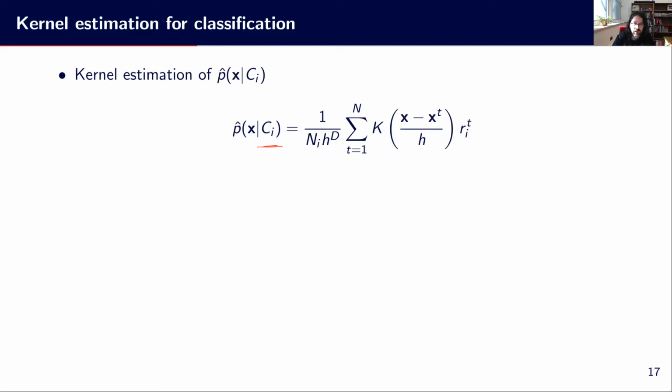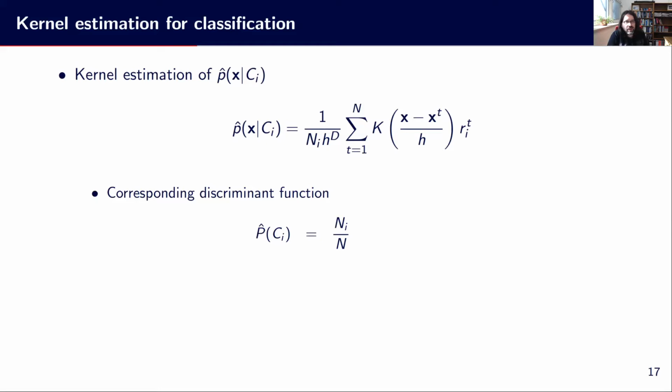The difference is that we are using the samples from that class, Ni, and we are making a sum over all samples, but we are multiplying by r_i^t. r_i^t is basically the indicator of whether or not the sample x^t is coming from class i. And this is usable directly to estimate the likelihood of the x coming from that class.